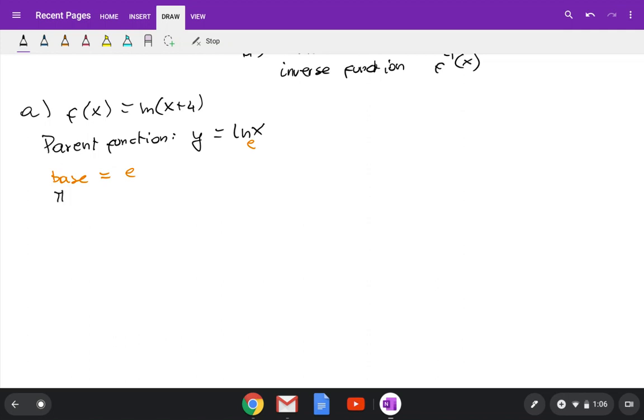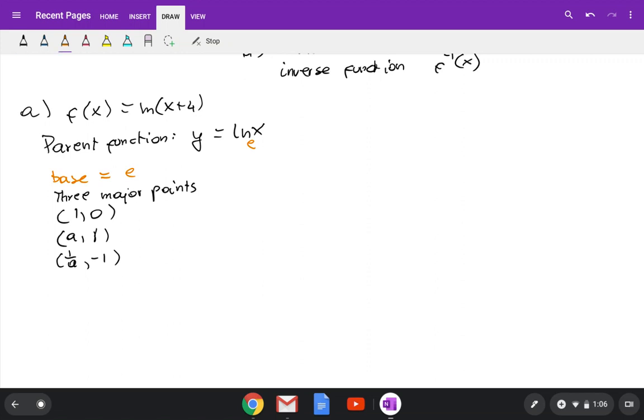So how are you going to graph it? 3 major points. It's 1 comma 0, then base comma 1, and then 1 over base comma negative 1.